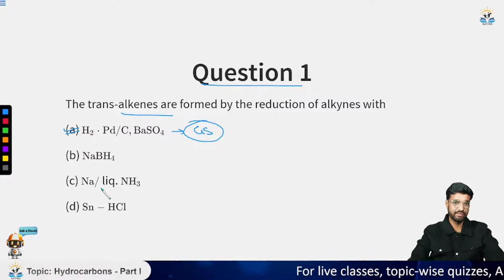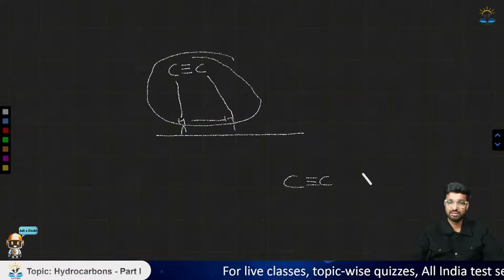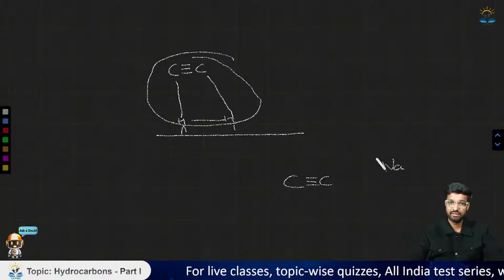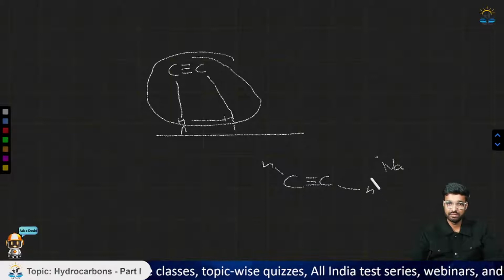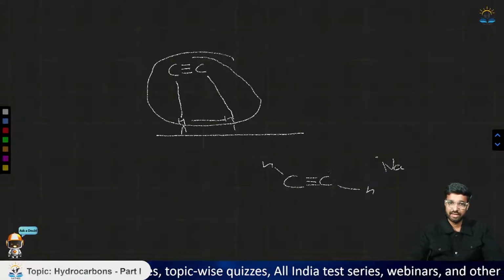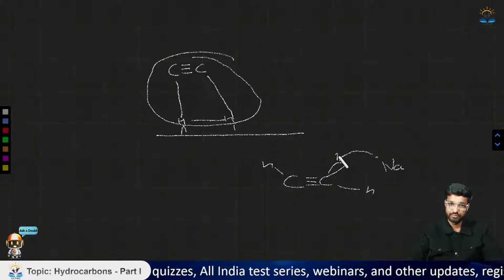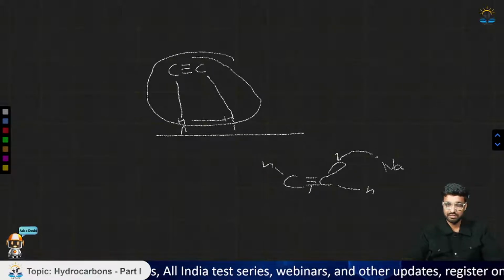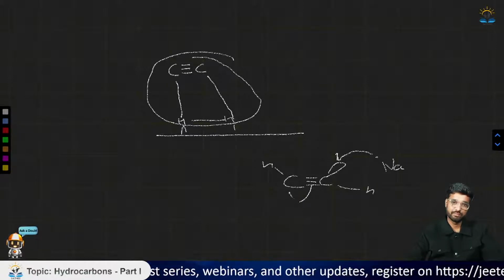Now if we see Na here, suppose this is the Na, it has a free electron. Then we have this alkyne, and this is the anti-bonding orbital that we are having. So it will donate one electron here. So we will go through a radical reaction, and this kind of intermediate is formed.